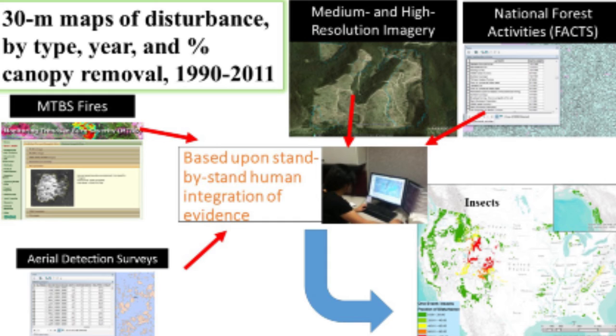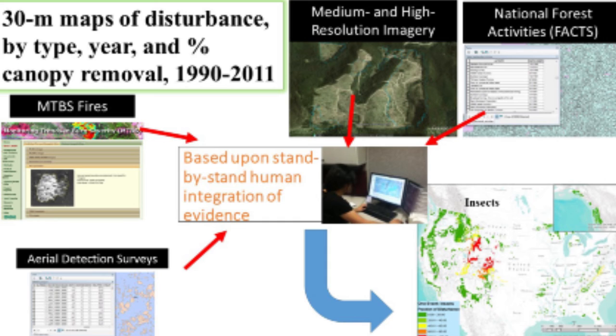And so the different types of information that those technicians were looking at: the MTBS, Monitoring Trends in Burn Severity database, it's a fire database; the aerial detection surveys, basically insect; these are all Forest Service institutional investments in monitoring that we're bringing to bear here.